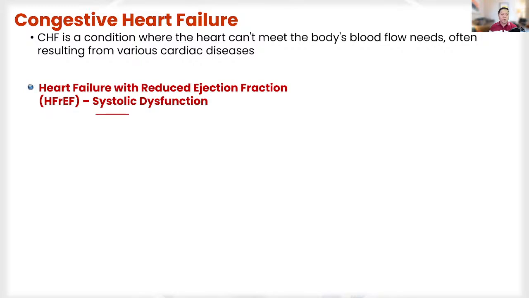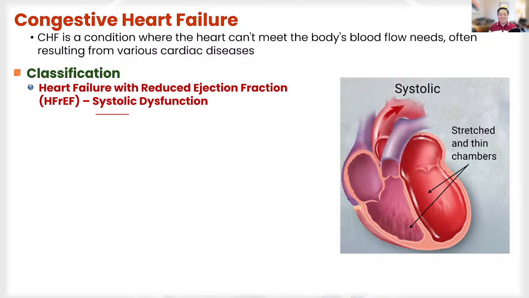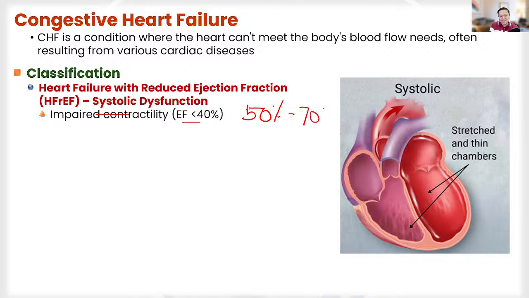Now, what is really going on in the HFrEF or systolic dysfunction type of CHF? Like I said earlier, the pumping ability of the myocardium is lesser. Basically, the ejection fraction right now is less than 40%. Normally, in the literature, you will see an acceptable range of 50% to 70%.